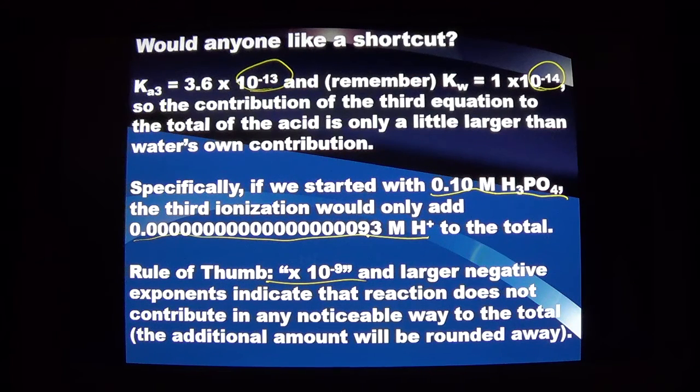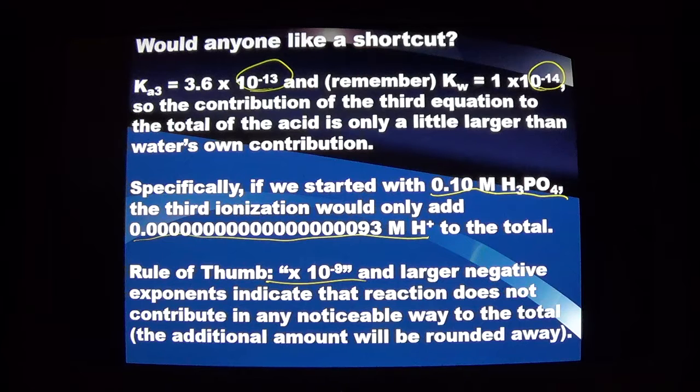If a Ka, or Kb for that matter, is something times 10 to the minus 9 or smaller, it's typically not going to make an appreciable amount of hydrogen ion or hydroxide ion, so you really can ignore it when adding it in with the other hydrogen amounts or the other hydroxide amounts.